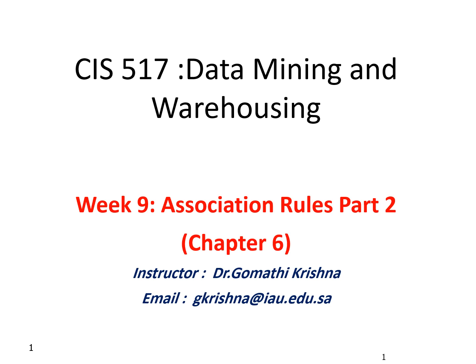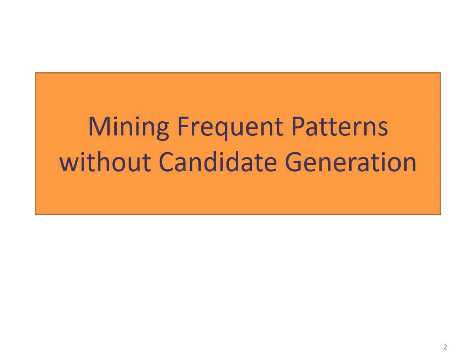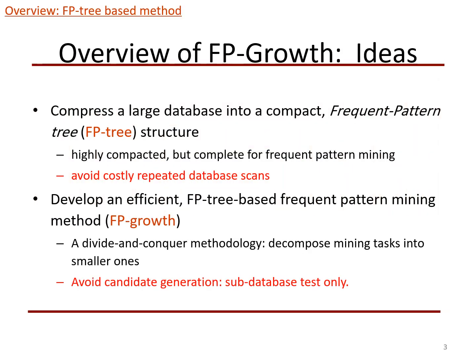So this is association rules, the second part, and this recording is going to explain how to mine frequent patterns without candidate generation. This means that it's going to do that through the FP growth approach.